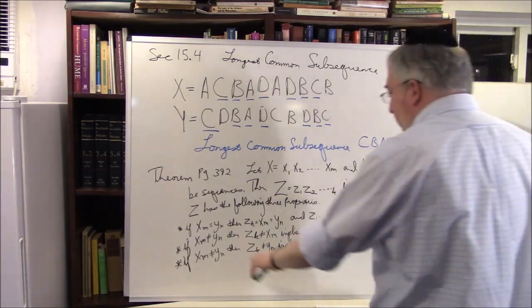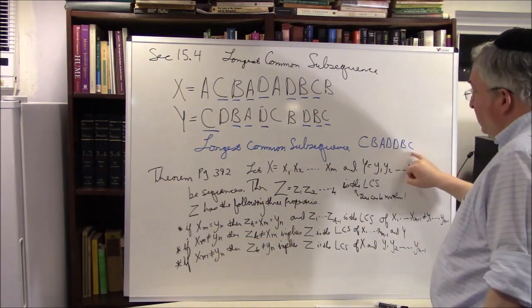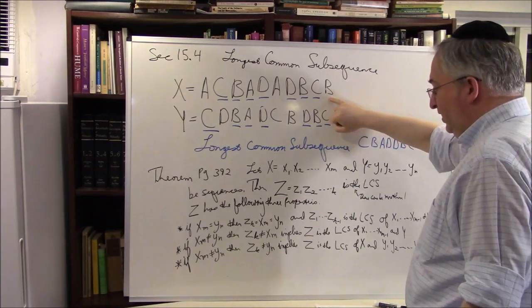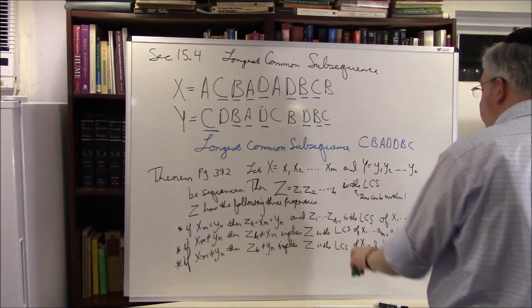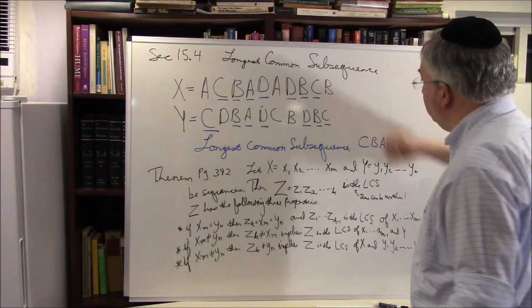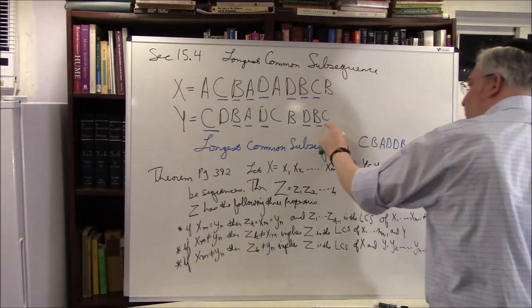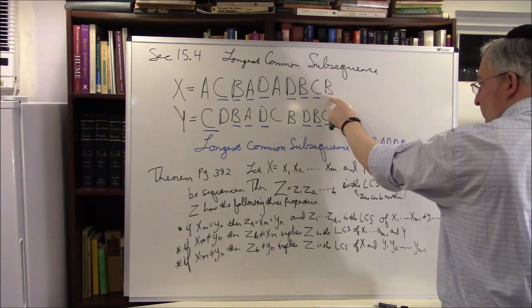Okay, so then Z_k not equaling X_m implies Z is the longest common subsequence of X_1 through X_(m-1) and Y. Watch this: this is the longest common subsequence, C is equal to this, it is not equal to this.